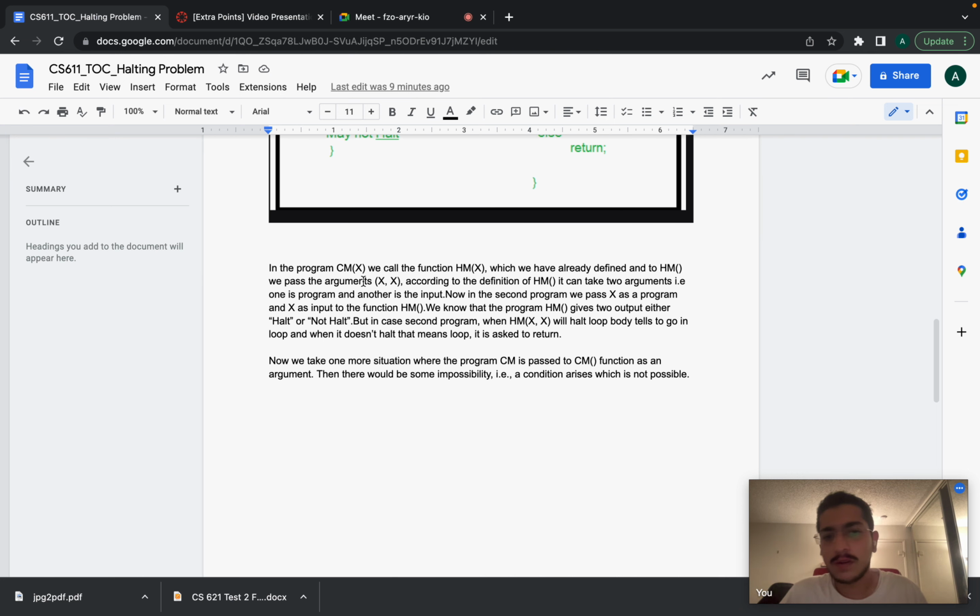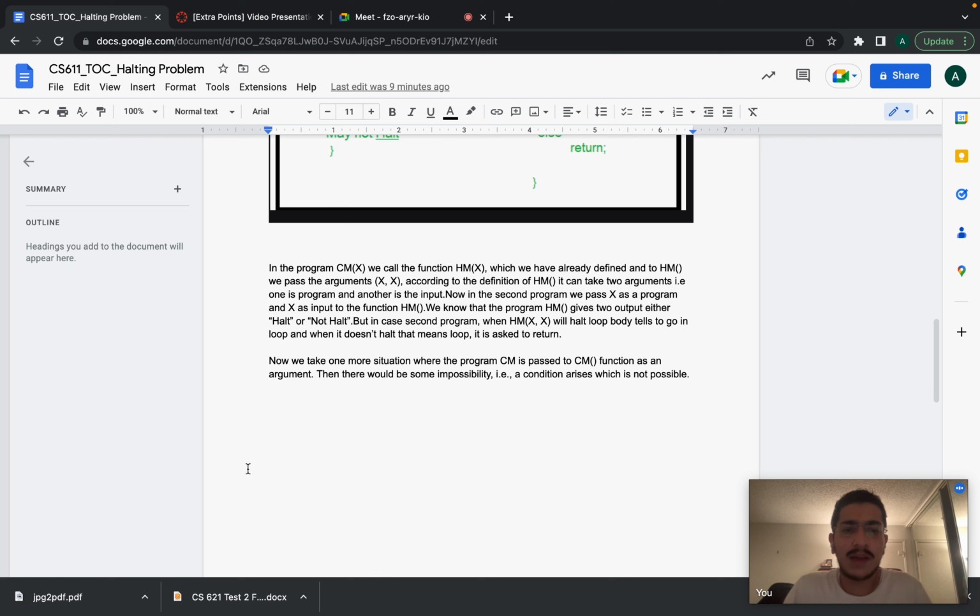So in program CMX, we can call the function HMX, which we have already defined. To HM's function, we pass the argument X, the algorithm X. According to the definition of the halting machine, it takes two arguments: one is the program, and another one is the input.